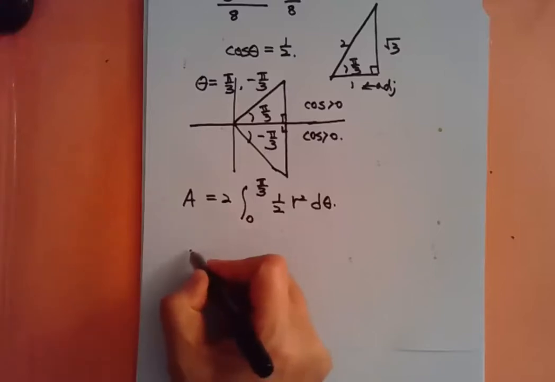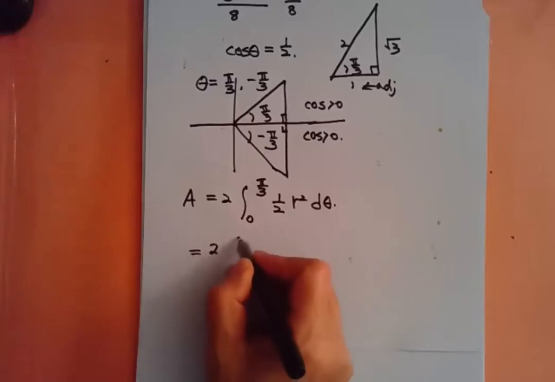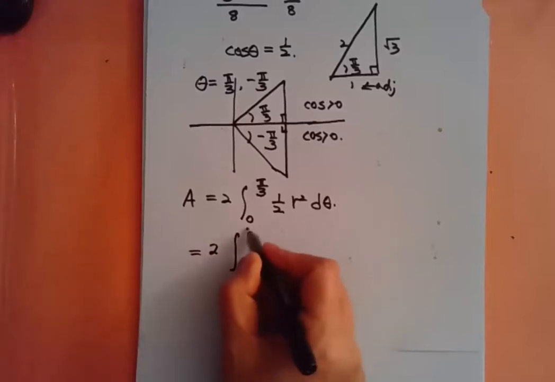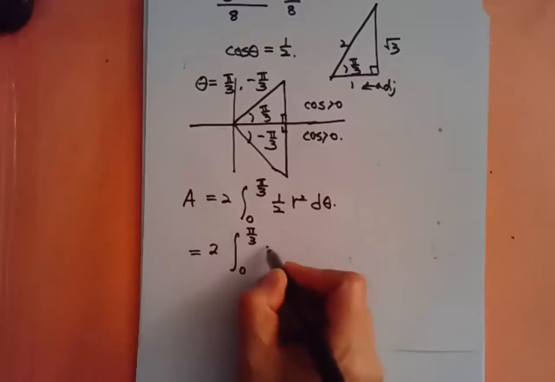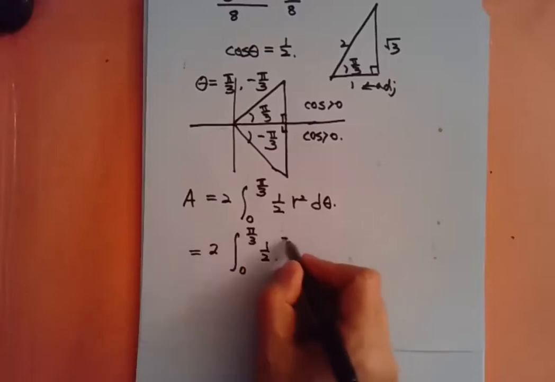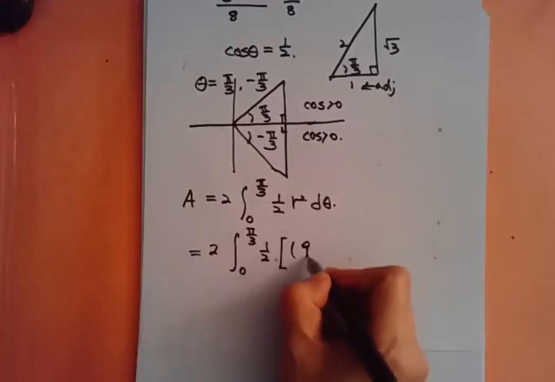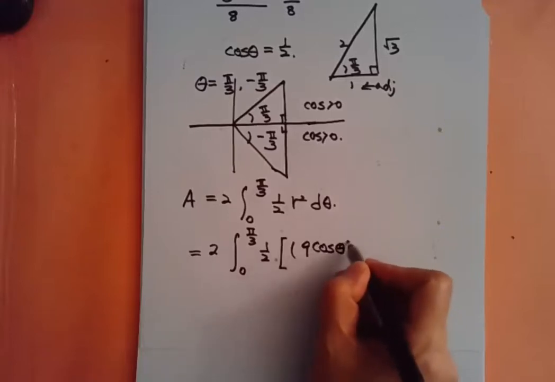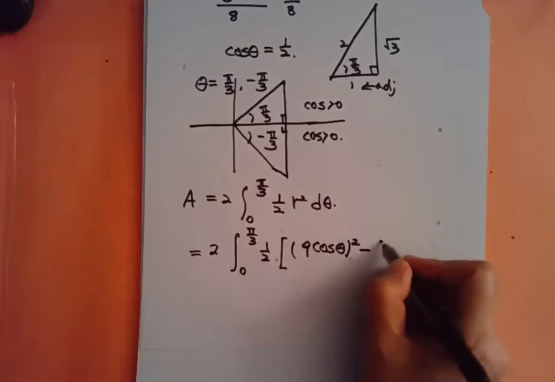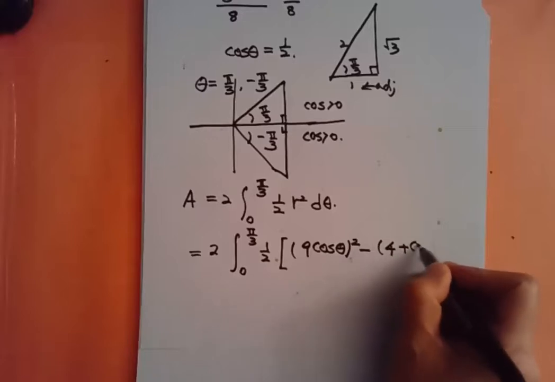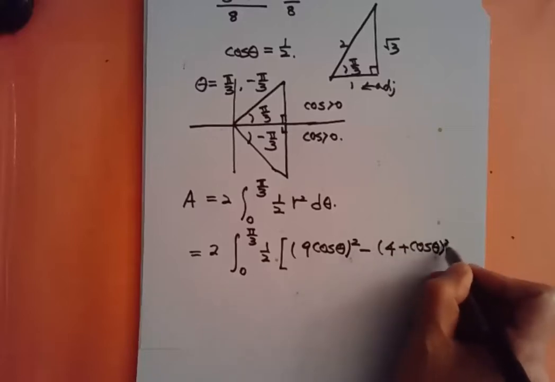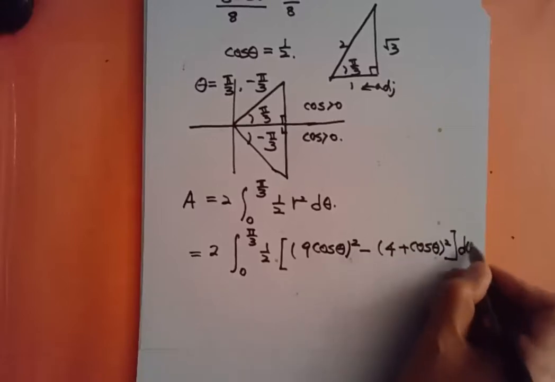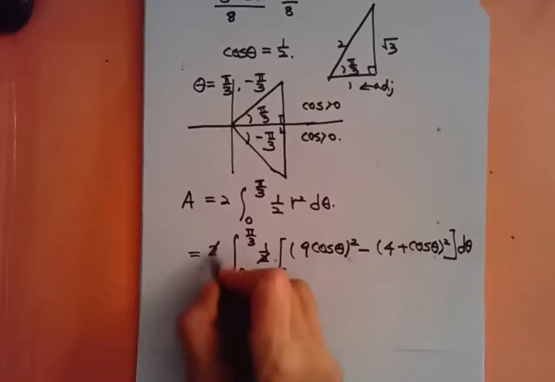And then that equals 2 times the integral from 0 to pi over 3 of 1 over 2 times (9 cosine of theta) squared minus (4 plus cosine of theta) squared d theta.